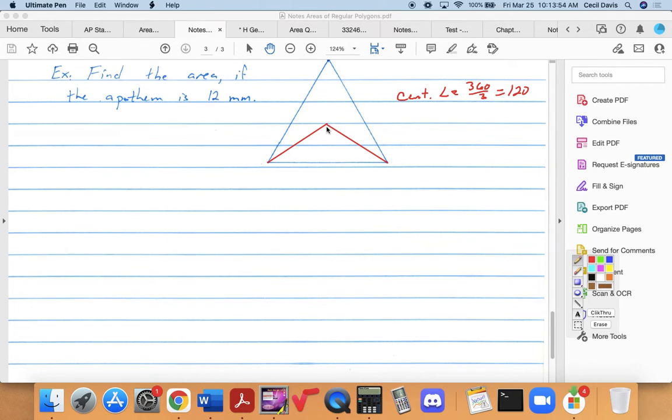Why did you do 3? Because there are 3 sides. It's always 360 divided by the number of sides, because that's how many central angles there's going to be. We'll drop in an apothem here. It'll split the triangle in half. So each of these is 60 degrees. And the length of the apothem is 12.